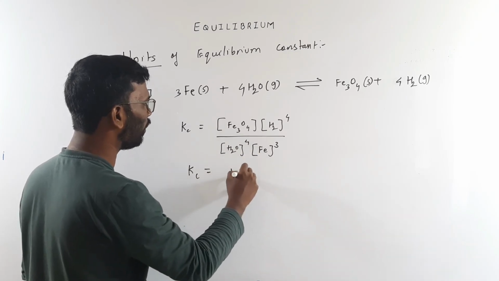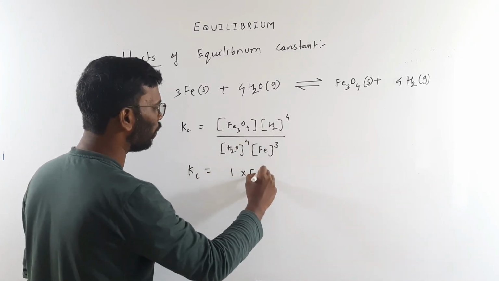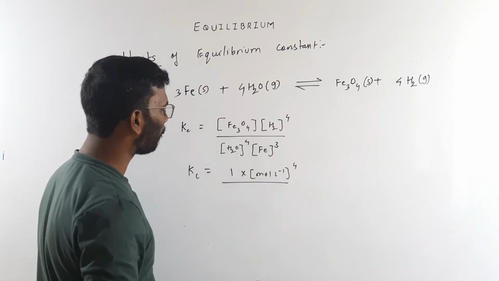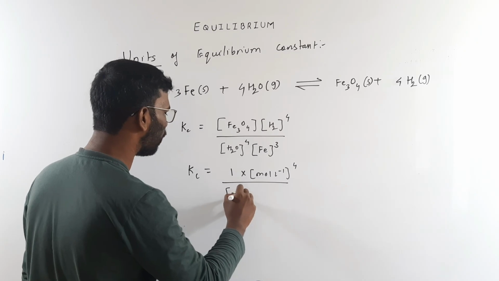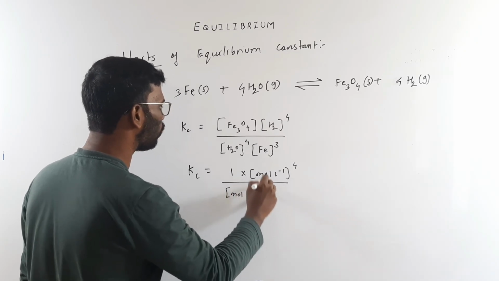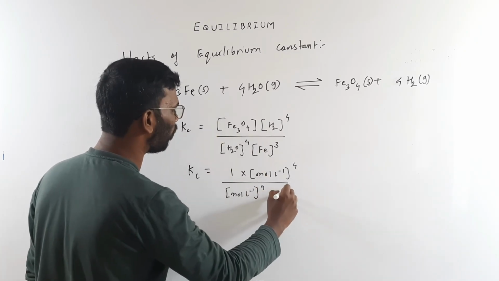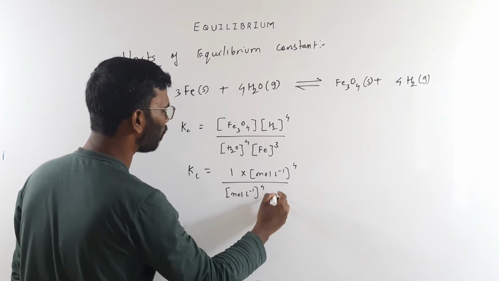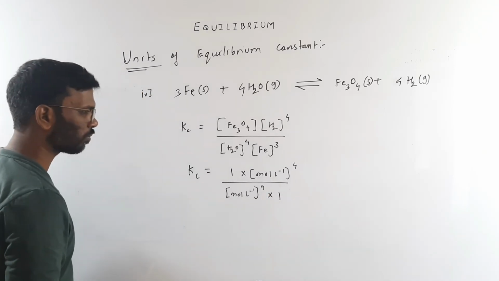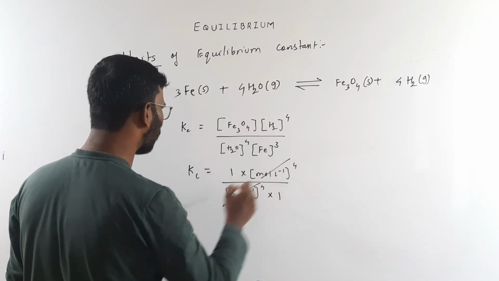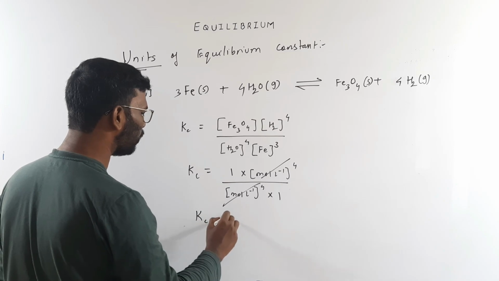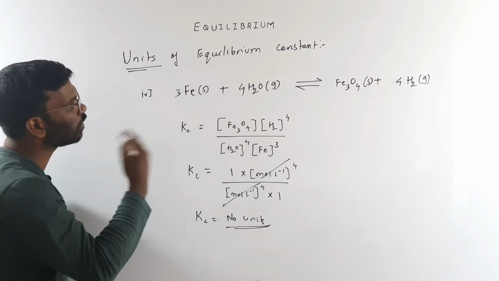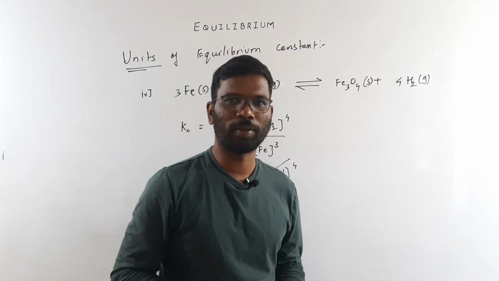So I write 1 into moles per liter raised to 4, and below moles per liter raised to 4. Fe is solid, so I write 1 raised to 3, which is directly equal to 1. Again these cancel, and there are no units for this. This is how we write the units of the equilibrium constant.